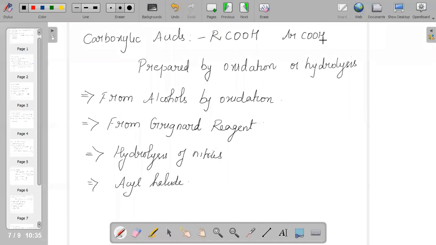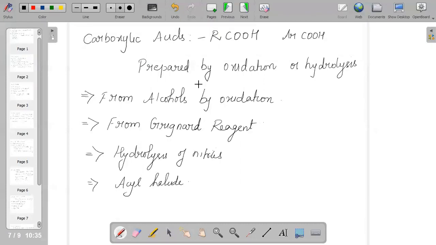The general methods of preparation of carboxylic acid: it's a well-known fact that it can be prepared by oxidation or hydrolysis. When we say oxidation, it can be prepared by oxidation of alcohols, using alkaline KMnO4 or CrO3 in H2O as an oxidizing agent.